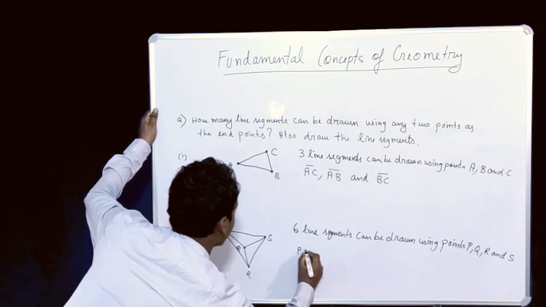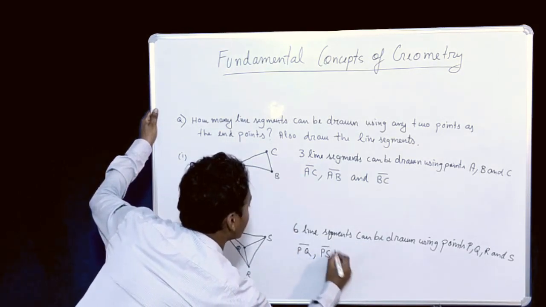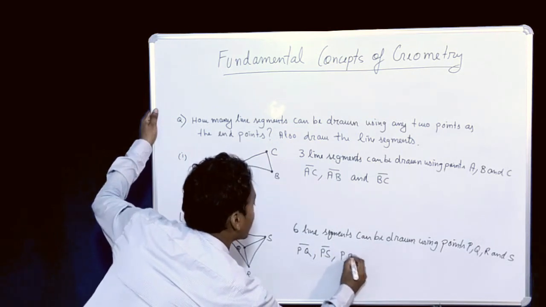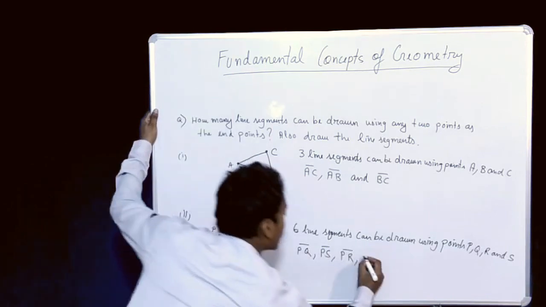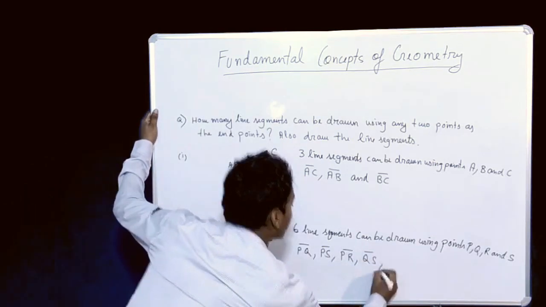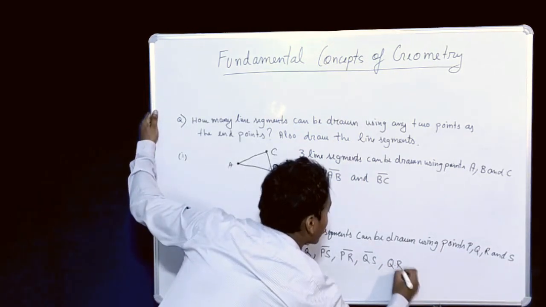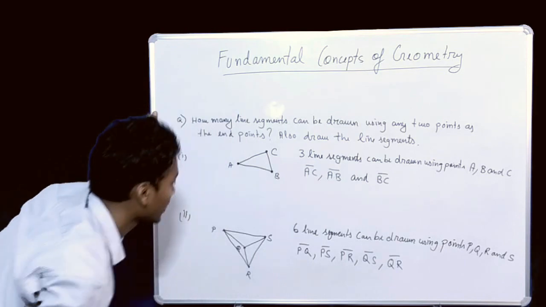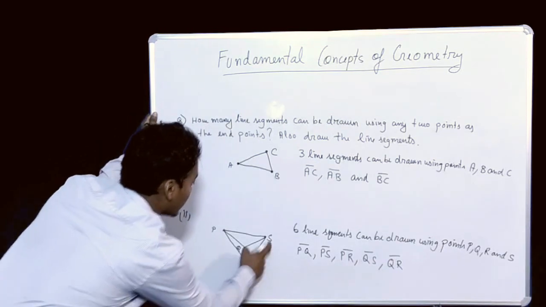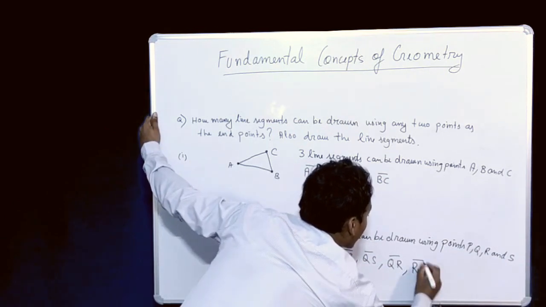So here we have line segment PQ, then PS, PR, then QS, QR. So 1, 2, 3, 4, 5. So there is one more line segment, that is SR. Okay. So RS we can say.